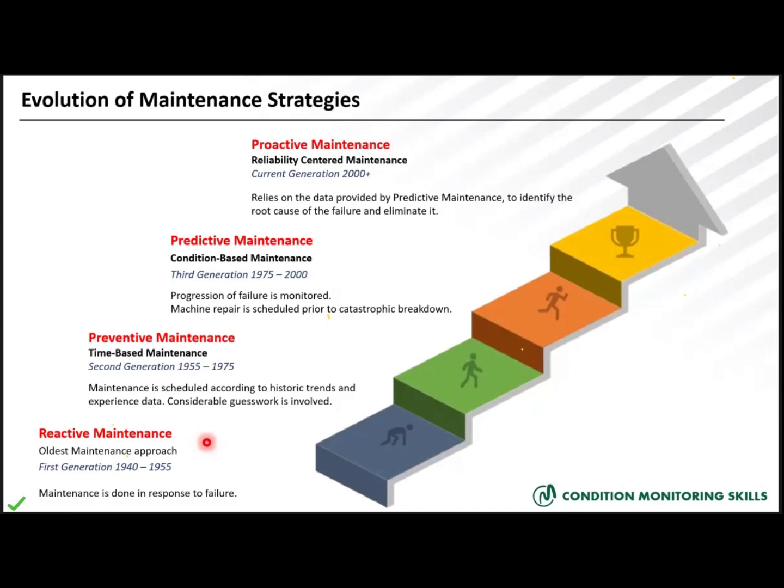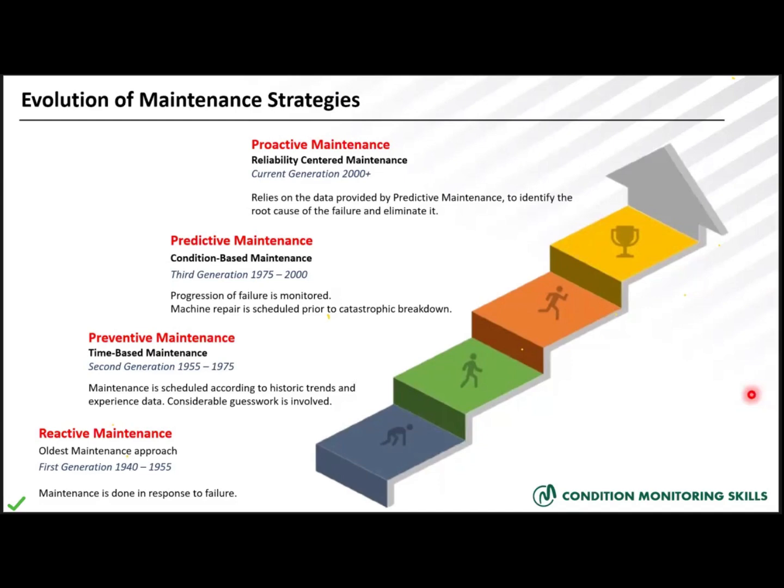So we are not going to do any maintenance until the equipment fails. That's why they call it the run to fail maintenance strategy. This approach leads to frequent downtimes and high repair costs.